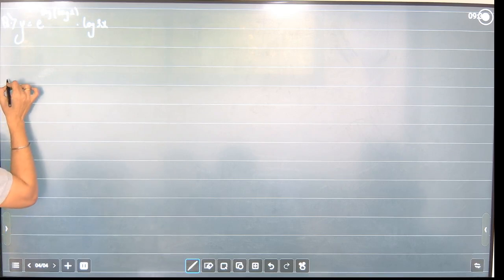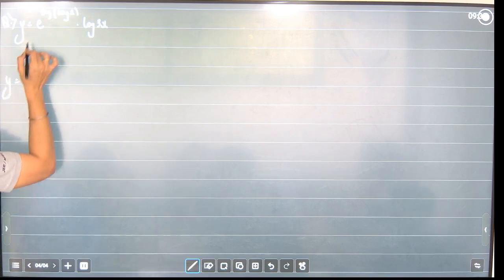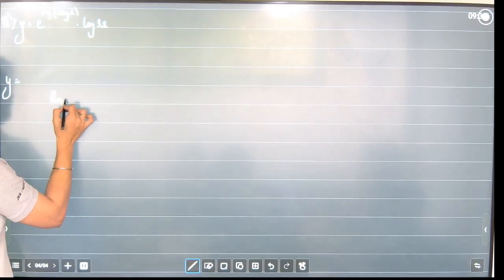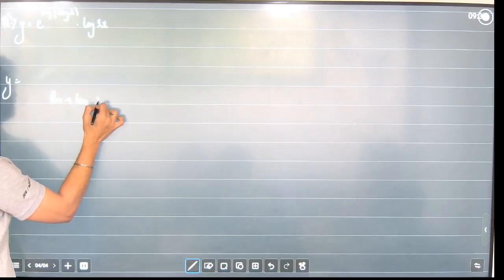Now remember, the base is not given to you. Since the base is not given to you, I have the luxury to take the base either as e or as 10. Now in your school level preparation, when you are doing these kinds of sums, they never write ln. Ln is basically log x to the base e.